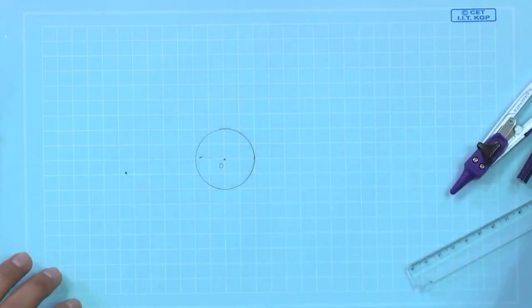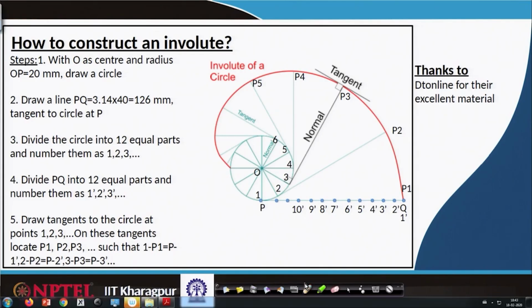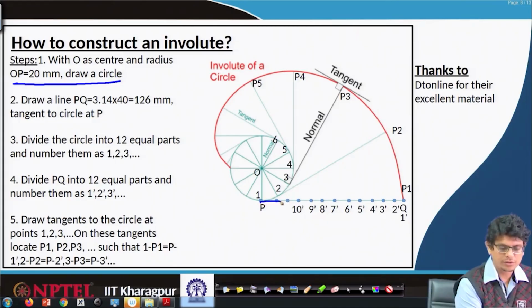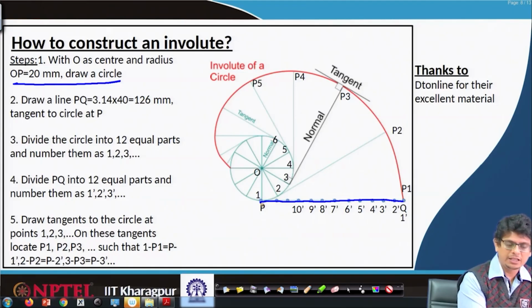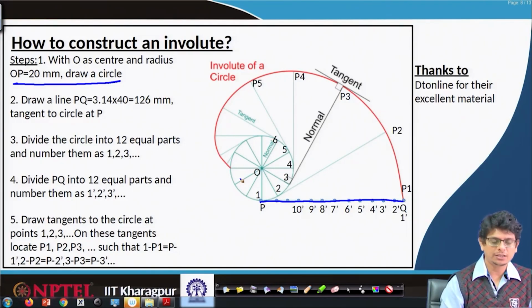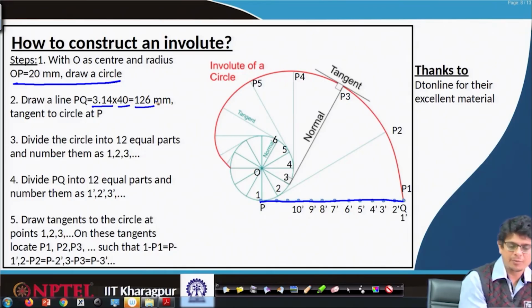The first step is drawing a circle of 20 mm radius. Then draw a line PQ which will have a length equal to the periphery of the circle. 2 pi r, which is pi multiplied by d, gives 126 mm.